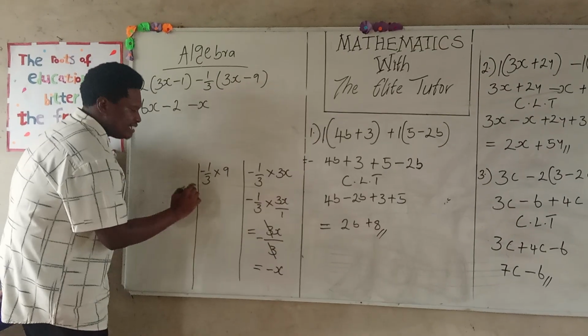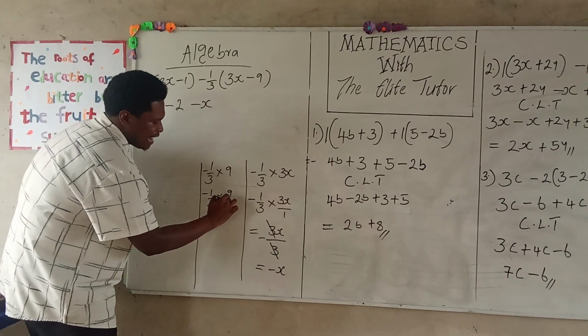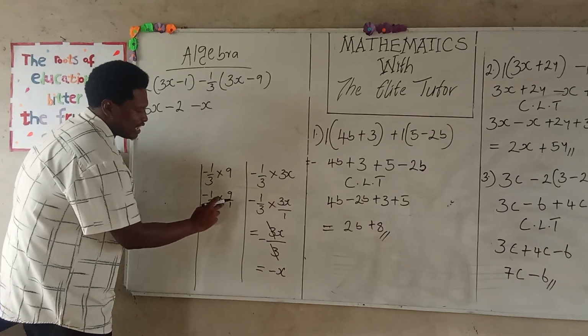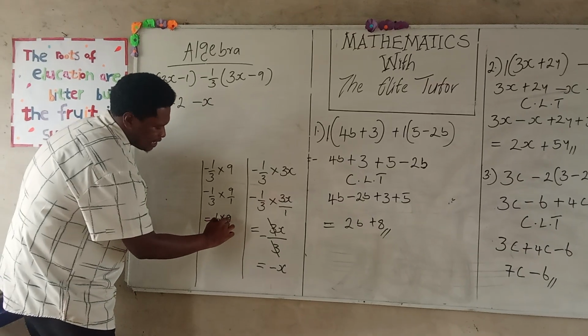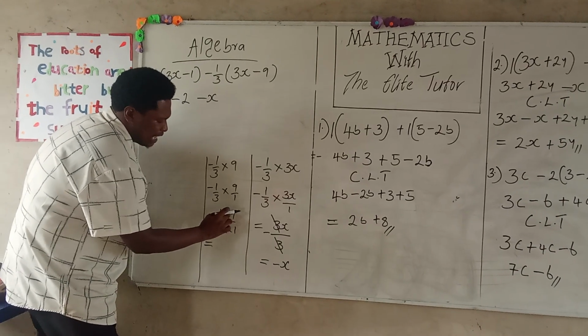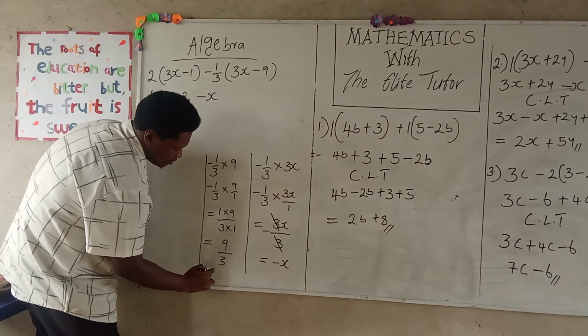Like we did here, this is the same as minus 1 over 3 times 9 over 1. Numerator times numerator, denominator times denominator. So this is 1 times 9 over 3 times 1. 1 times 9 is 9 and 3 times 1 is 3.